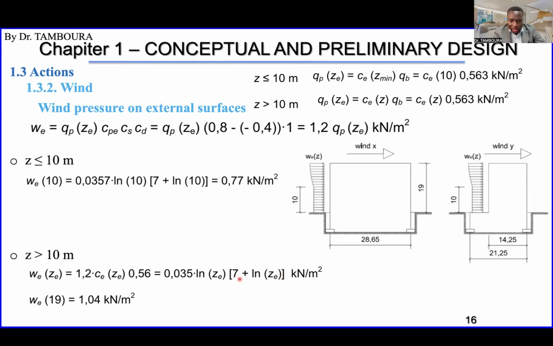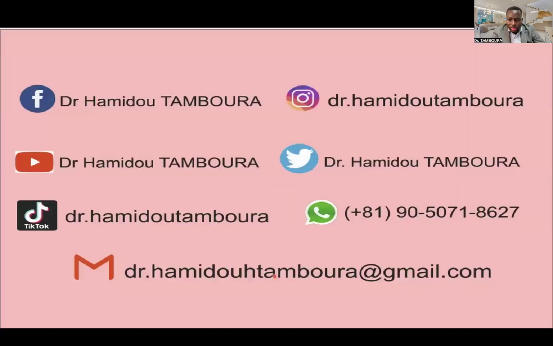And up here, you should consider this equation, for Z from 10 to 19, for example. Okay, so I think that's all for this time.